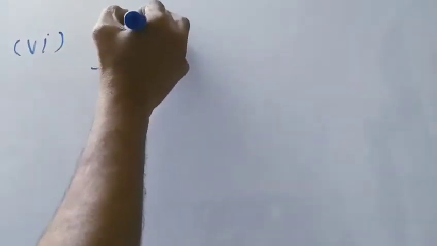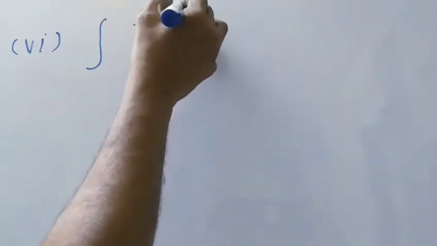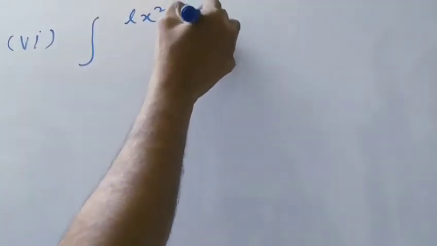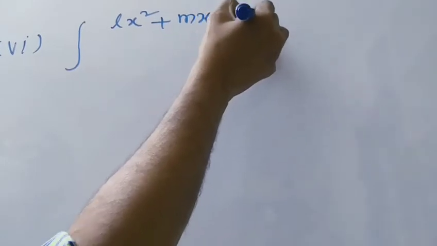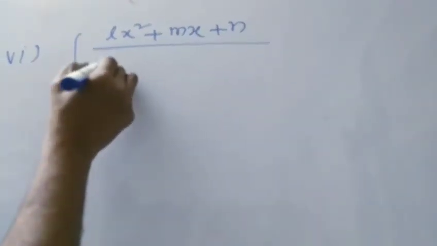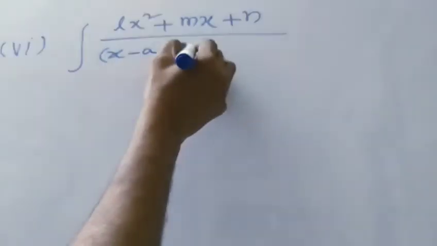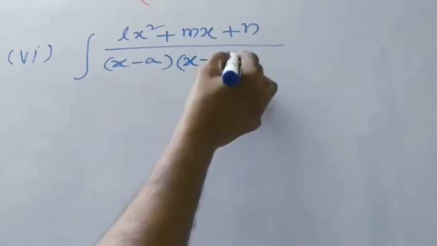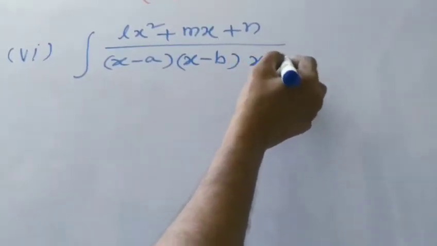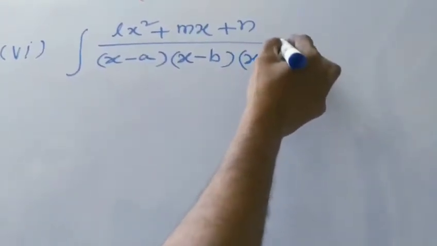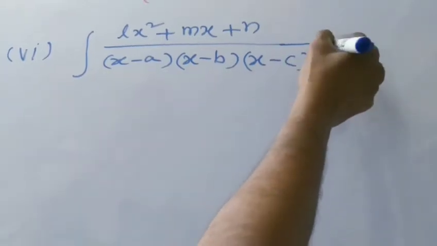Sixth, integral of lx square plus mx plus n divided by x minus a into x minus b into x minus c dx.